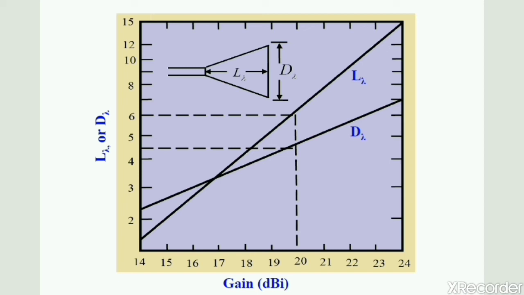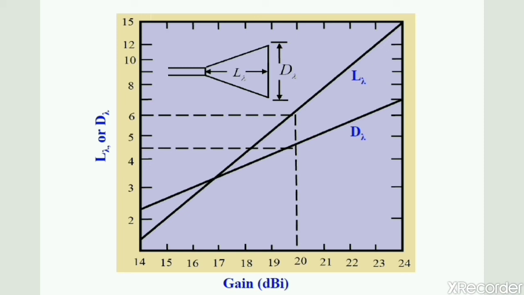The second line shows the relation between gain and the diameter of the aperture. We can see this, as the diameter of aperture increases, the gain is also increasing. In this case, the gain mostly depends upon the diameter of the aperture as compared to the axial length of the conical horn.